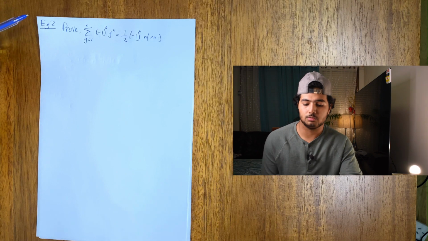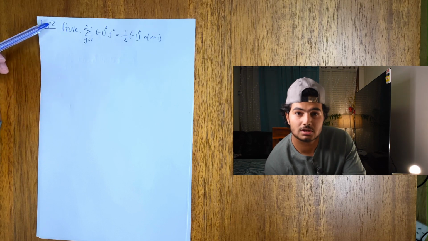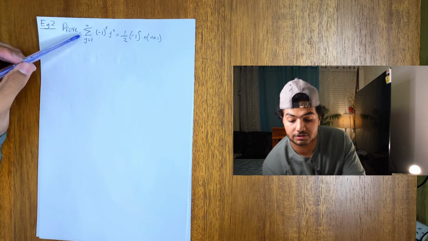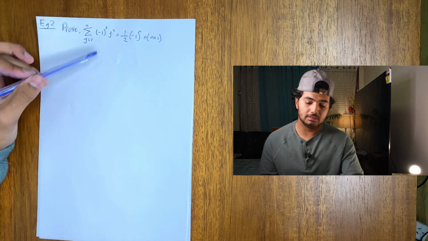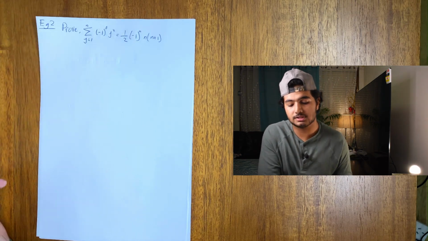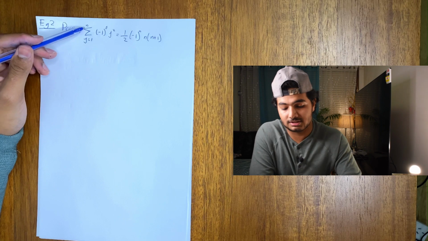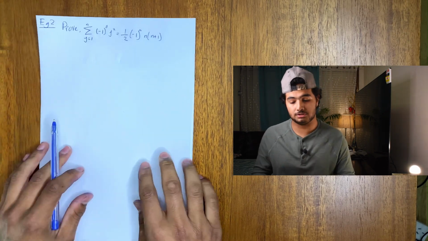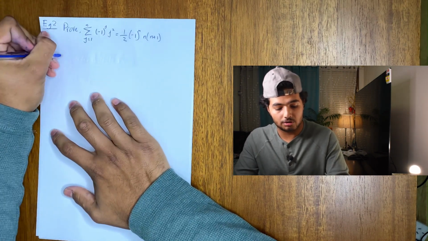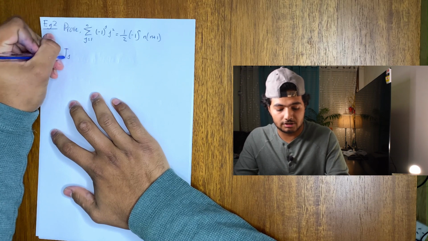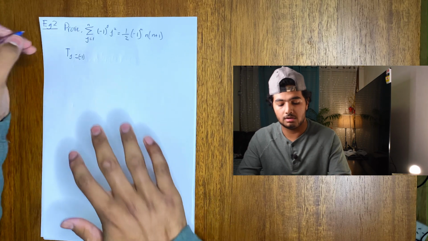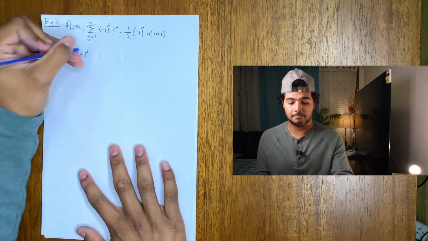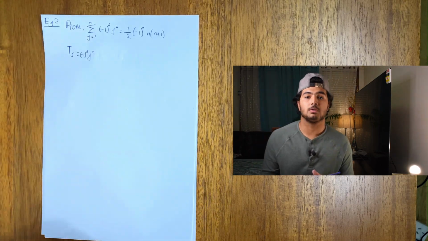For this next example, a little bit more challenging than the previous one that we've just done. Before we start anything for this example right here, we need to understand that this is just the nth partial sum of a sequence. So sequence of, let's just denote t of j equals negative 1 to the power of j squared.